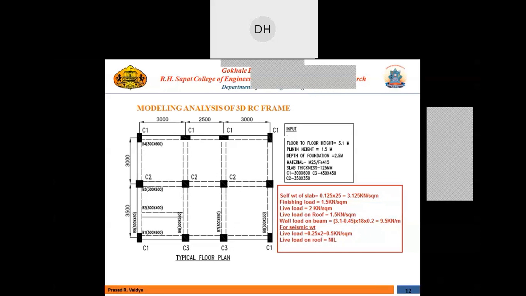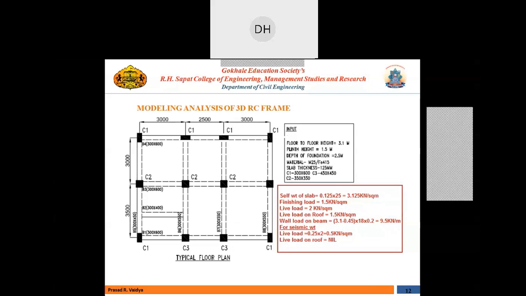Another type of command is actually typing the command into the editor. So STAAD has both. You can write the command into the input editor, and otherwise, you can pick up the command from your GUI environment. Both are possible in STAAD.Pro.